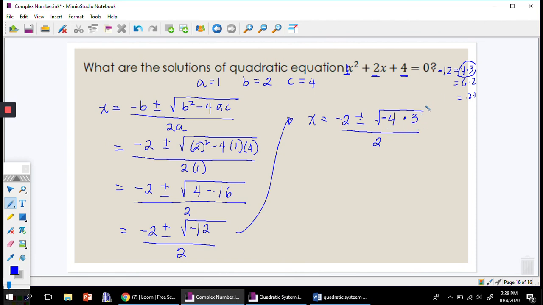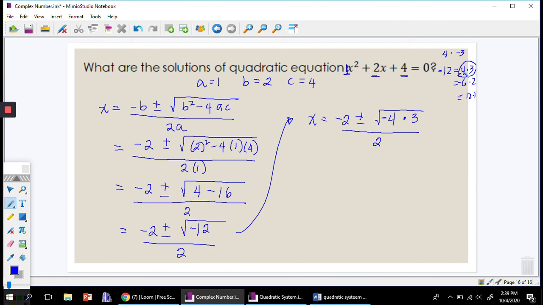I'll repeat it again. Okay, factors of negative 12 are negative 4 times 3, or negative 6 times 2, or negative 12 times 1. Since this is negative, they should have different signs. So you can also use 4 times negative 3, right? Now, I have to choose among these pairs of factors the one where one of the factors is a perfect square, or I can get the square root of one of the factors.